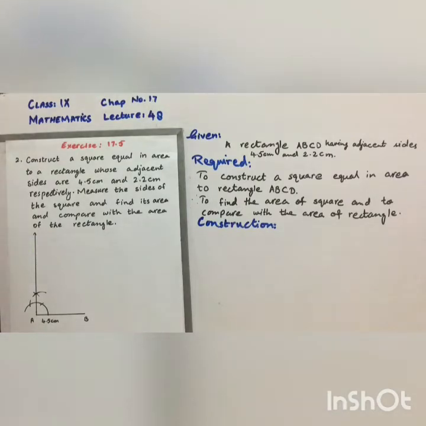As you can see, I have already drawn a line segment AB 4.5 centimeters and an angle of 90 degrees at A. Now, to complete the rectangle, I will mark an arc with center B and radius 2.2 centimeters, which is the other dimension of the rectangle.